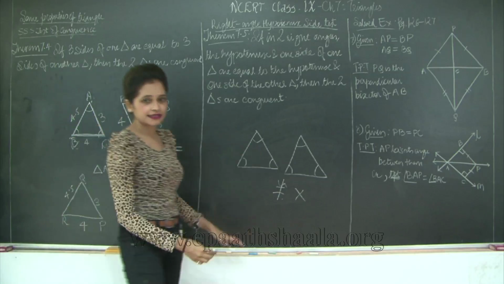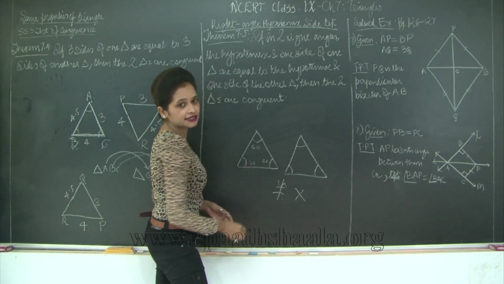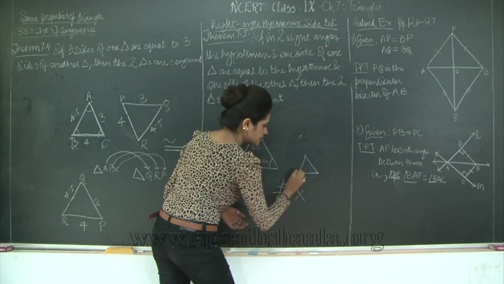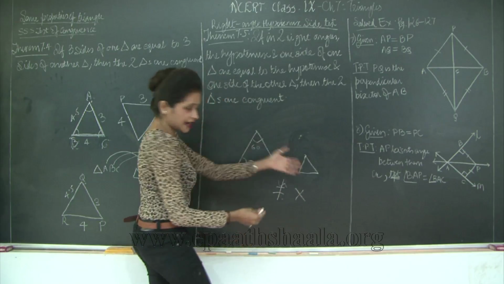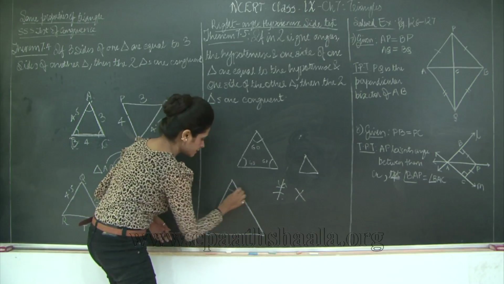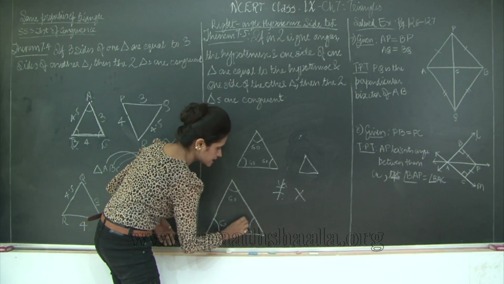Why? Because in this case, like I said, if this is 60 degrees, this is 60 degrees and this is 60 degrees, I can have another triangle of maybe even a small size, a triangle of a size as small as this, which is equilateral. So this is 60, this is 60 and this is 60.